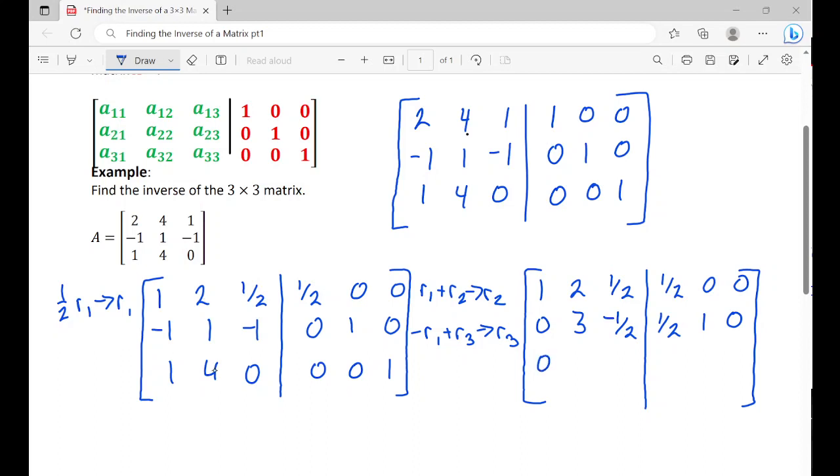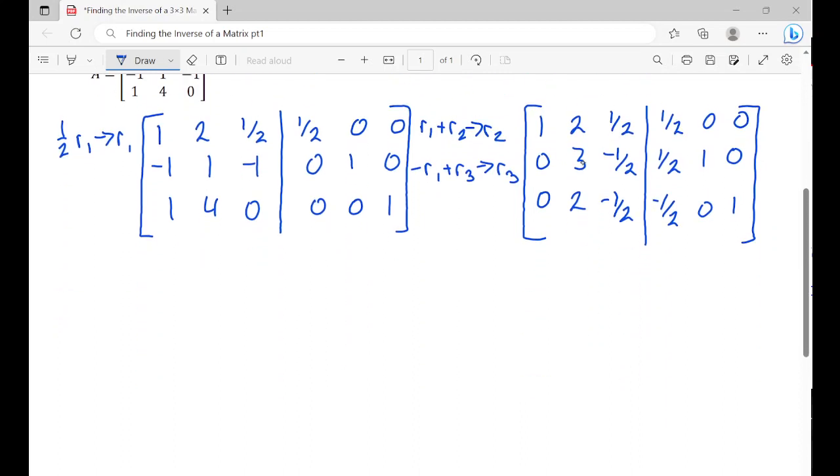Negative 2 plus 4 is 2. Negative 1/2 plus 0 is negative 1/2. Negative 1/2 plus 0 is again negative 1/2. 0 plus 0 is 0. And 0 plus 1 is 1.